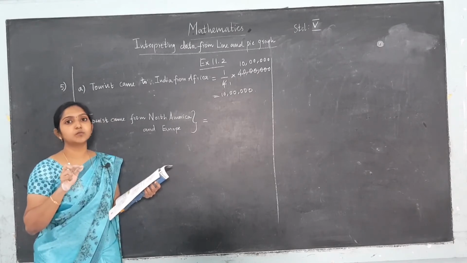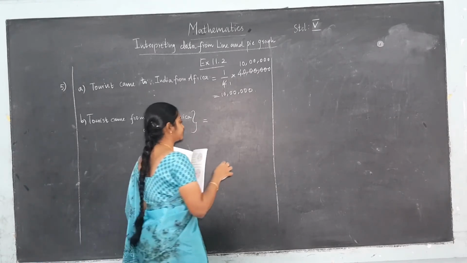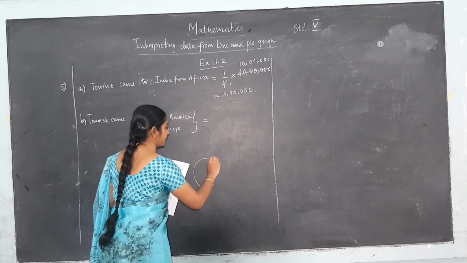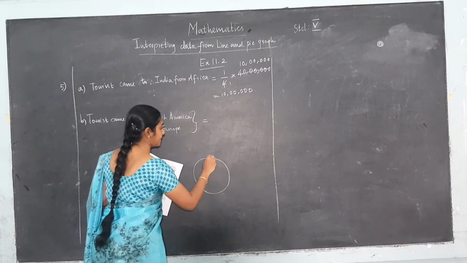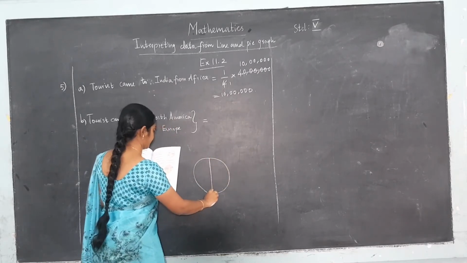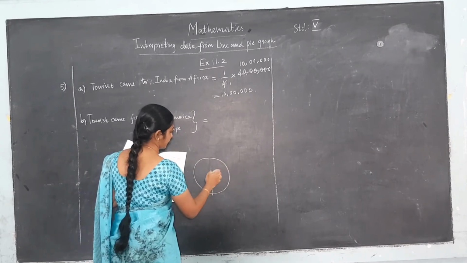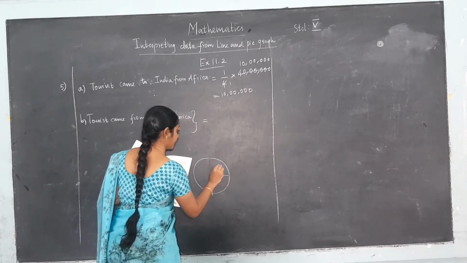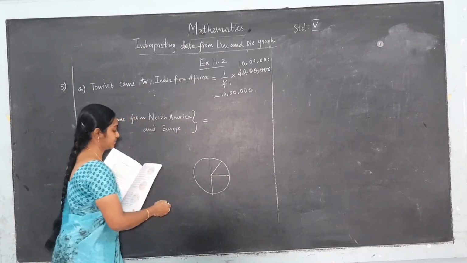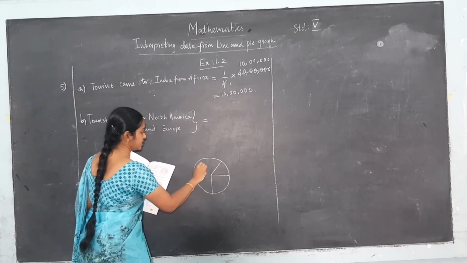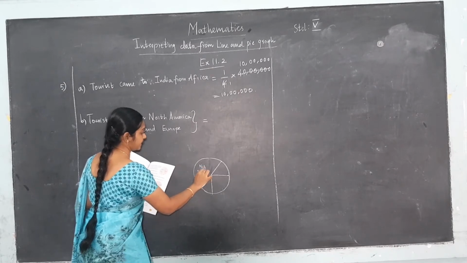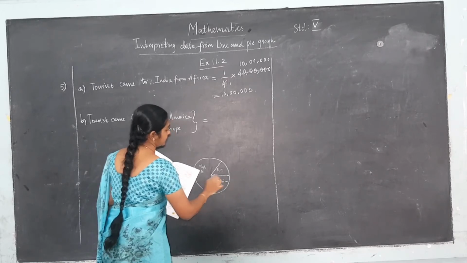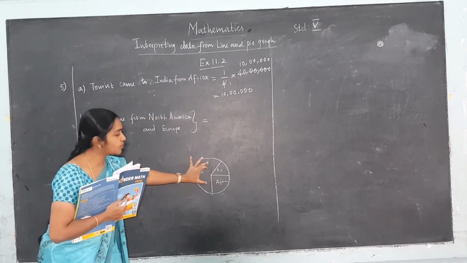It is more than 1/2 of the pie graph. This part is North America and Europe. This is remaining continents and this is Africa. See, North America and Europe is more than a half.